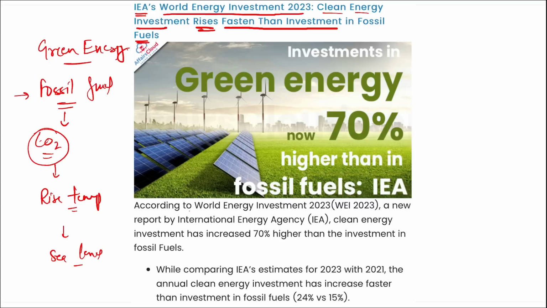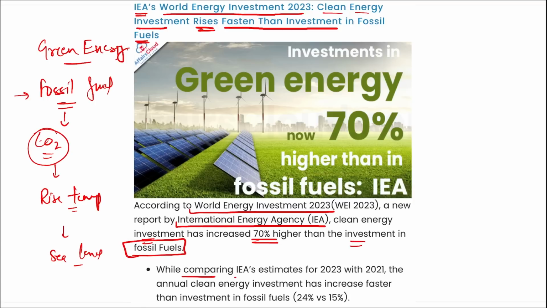According to the World Energy Investment 2023, a report by the International Energy Agency, IEA, clean energy investment is 70% higher than the investment in fossil fuels.